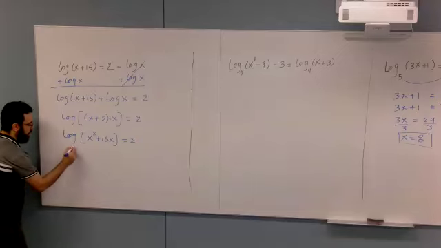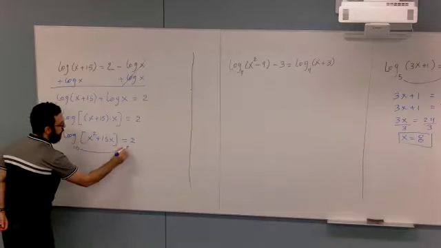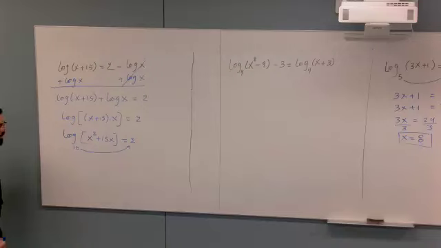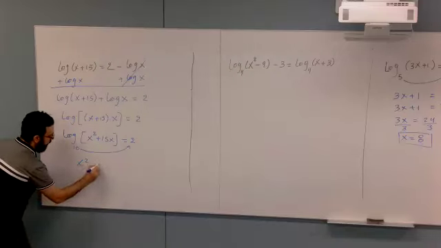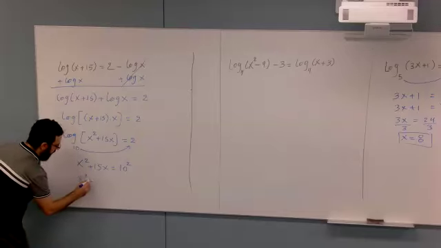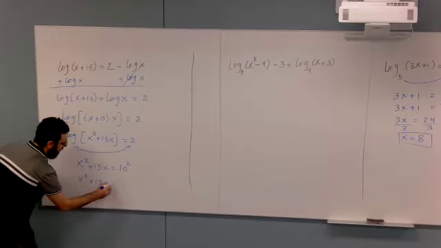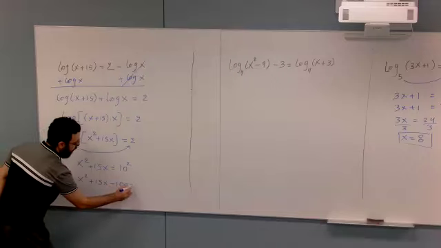Now there is no base, it means 10. So I'm going to move the base to the other side to convert it from the log form to the exponential form. Equal 10 squared. 10 squared is 100, so x squared plus 15x minus 100 equals 0.